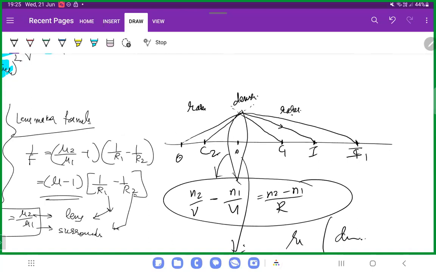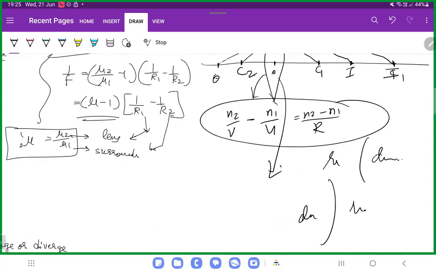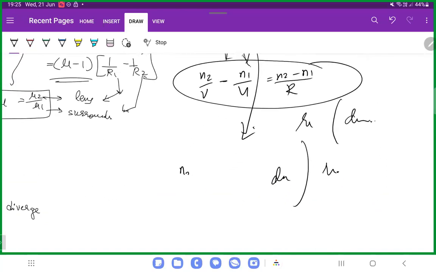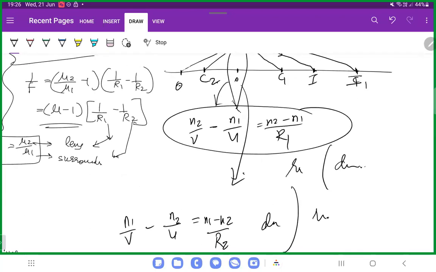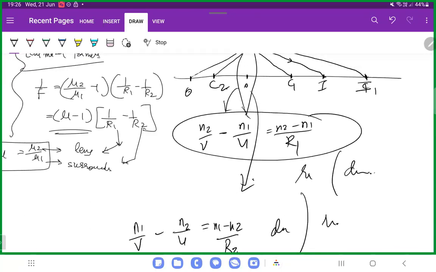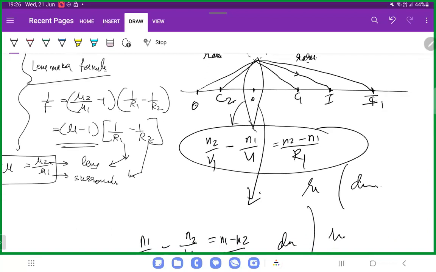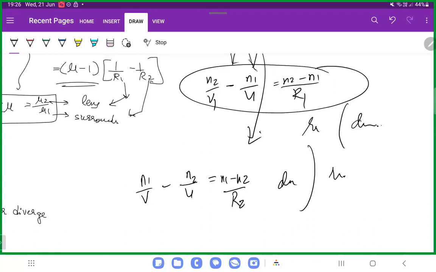Even in 10th standard you have studied this in light refraction, same manner. So here it will be N1 by V minus N2 by U equals N1 minus N2 by R2. Let this be R1 and let this be R2. Here we need image 1, so let's take image 1 here. This is R2.